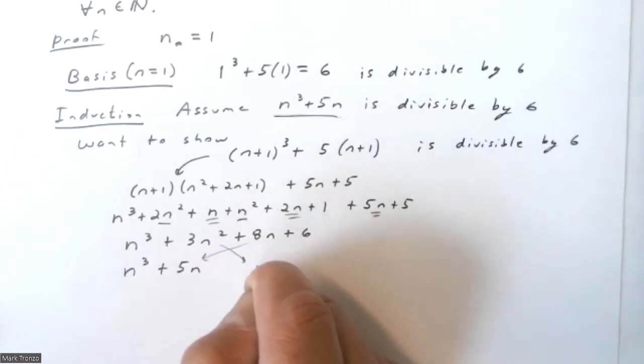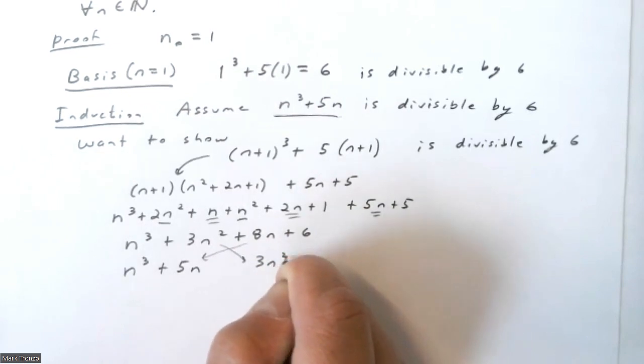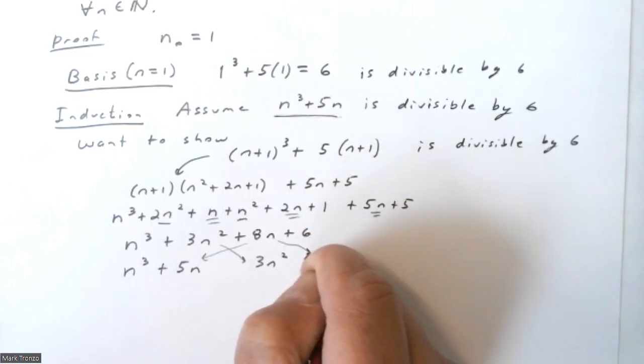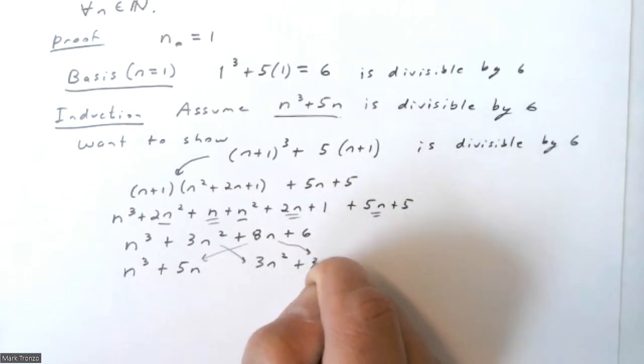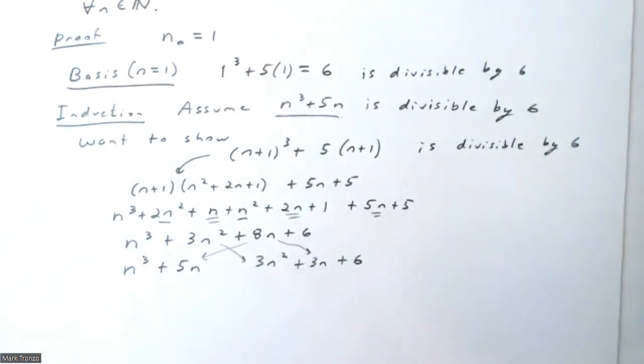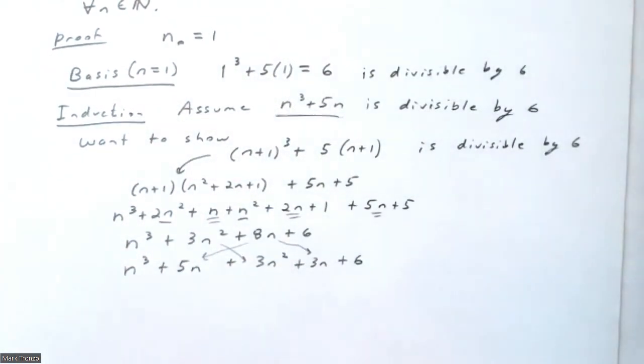Then I'll move this over here, 3n squared. And then I'll leave 3n here, plus 6. And then let me put a plus here. A little bit messy. See if that makes sense.